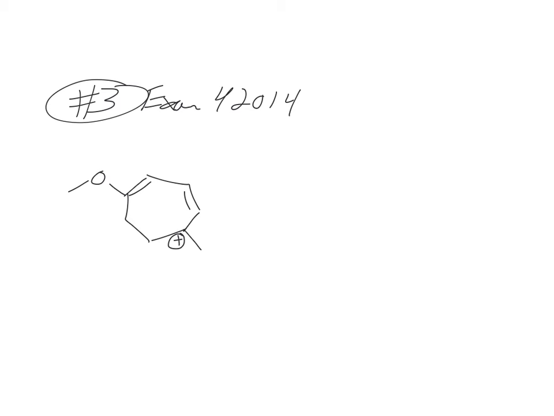So this would be a tertiary carbocation, right? Tertiary and allylic. But I asked to draw three more resonance structures, right? Draw out 3 more. So I'm just gonna go ahead and number everything that's essentially part of the pi system.